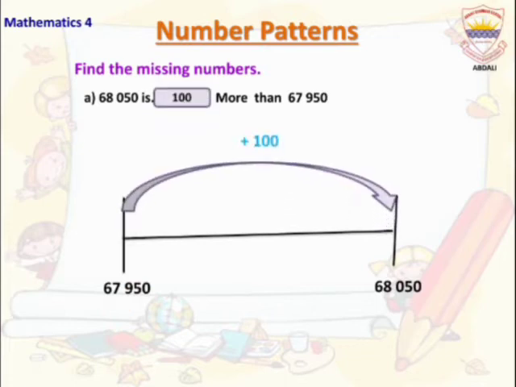We add 100 in the 100 place. When we add 100 to 67,950, we get 68,050. Now students, it's time to solve another question.